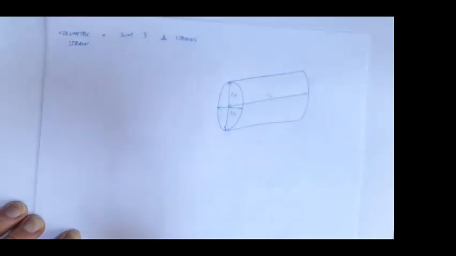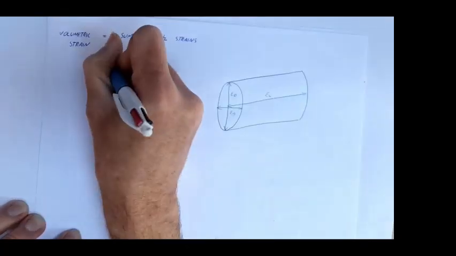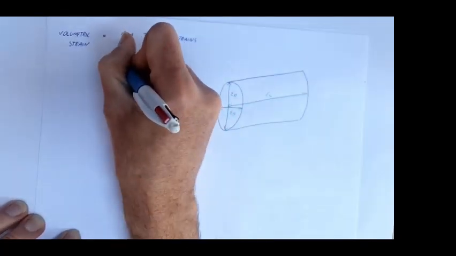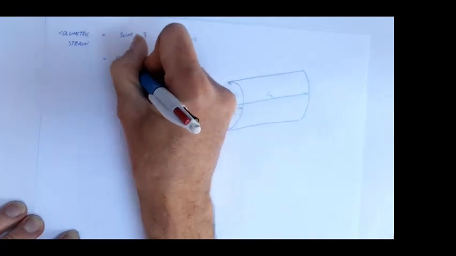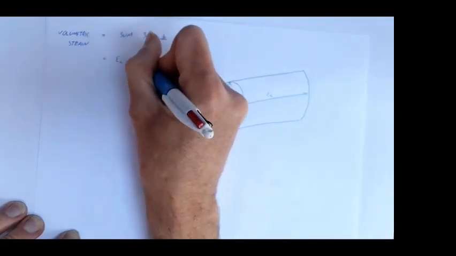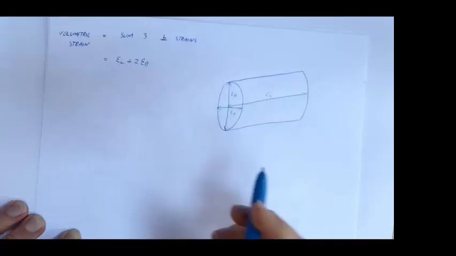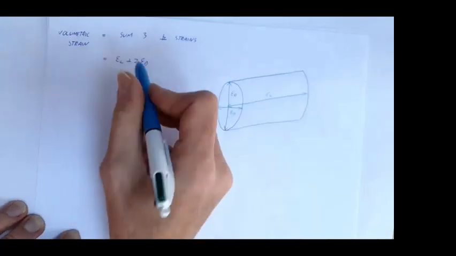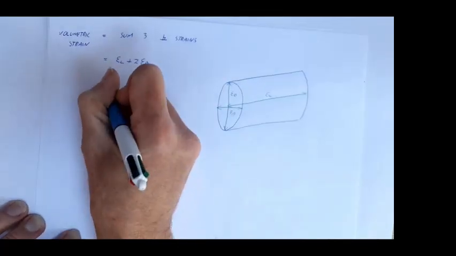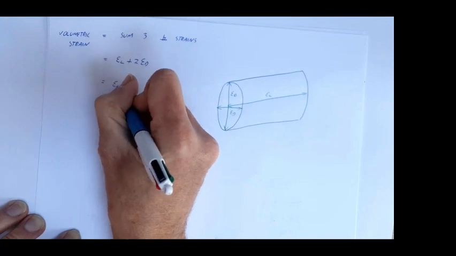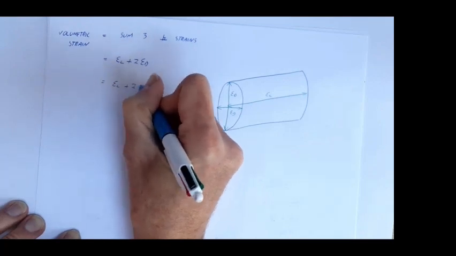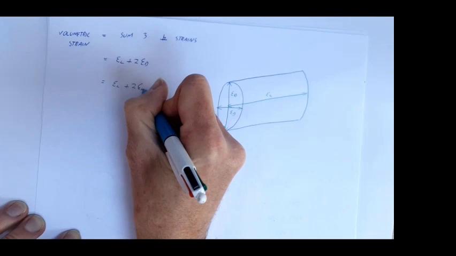Okay, so our sum of our three mutually perpendicular strains is simply the strain in the longitudinal direction plus two lots of the strain in the diametral direction. And we've already shown today that the diametral strain is the same as the hoop strain. So that is the longitudinal strain plus two lots of the hoop strain.